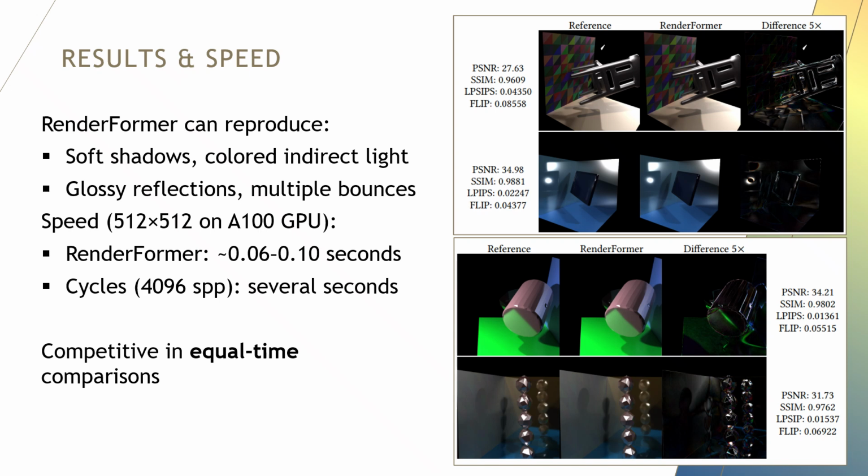Cycles takes several seconds, even with adaptive sampling and denoising. The different images show some errors, but perceptually the outputs are close to ground truth, and the model is competitive with a fairly clean path trace reference in equal time comparisons.